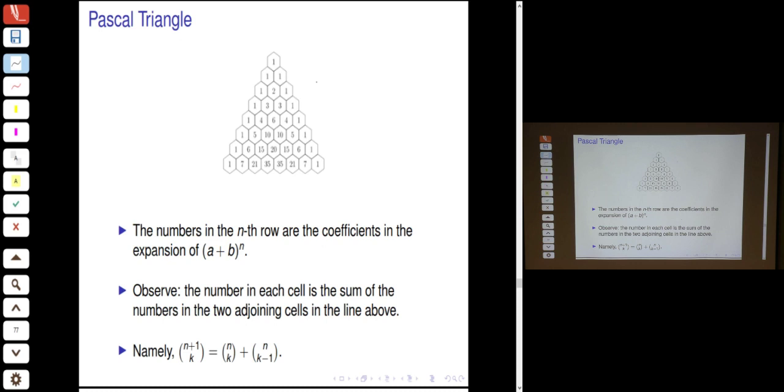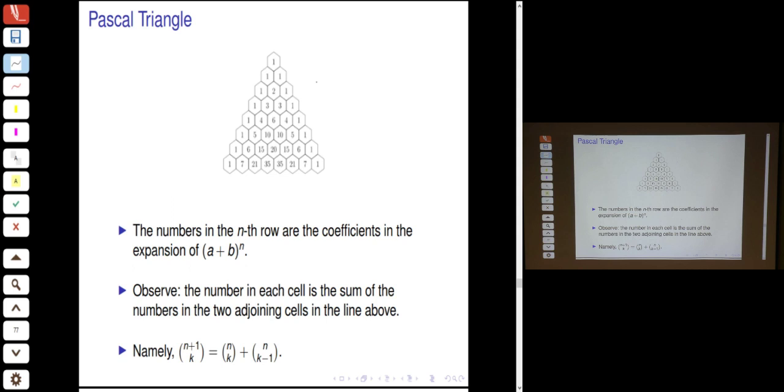The number in this cell is the sum of its two upstairs neighbors. For example, the 2 is 1 plus 1. Randomly pick one: this 35 is the sum of the two neighbors upstairs, 15 plus 20. So this is the observation: the Pascal triangle is formed this way.